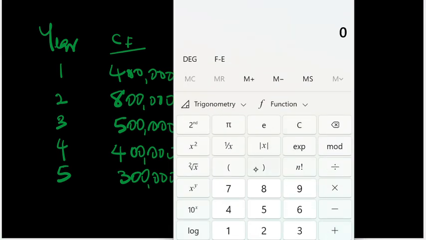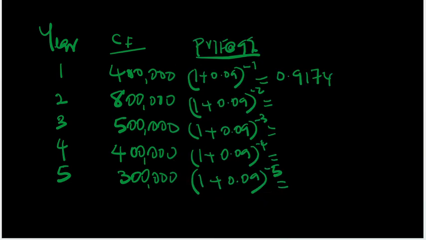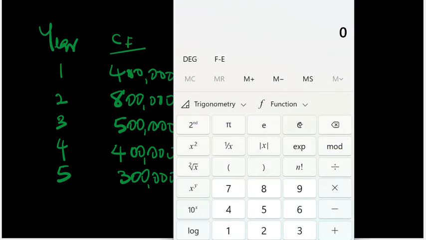Then the second year is 1.09 raised to negative 2, because it's the second year. That is 0.8417. Then the next year is 1.09 raised to negative 3.